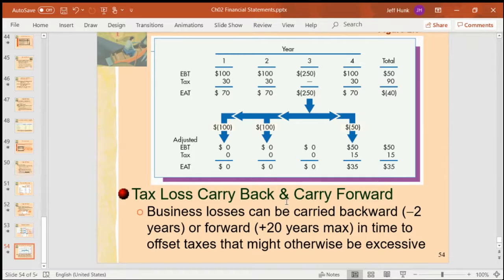Then going forward, reduce your EBT by 50 million, and then your tax will be lowered to 15 million, right?